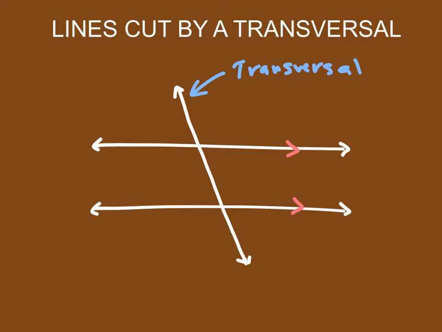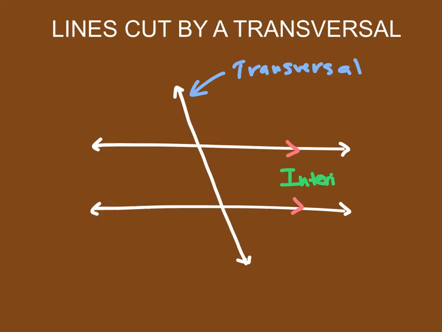Okay, so the first thing I want to talk about is some areas of interest that are going to help us in this section. What I want to talk about is just some of the names that we're going to use with two parallel lines cut by a transversal. So the first thing is this area inside of our two parallel lines.